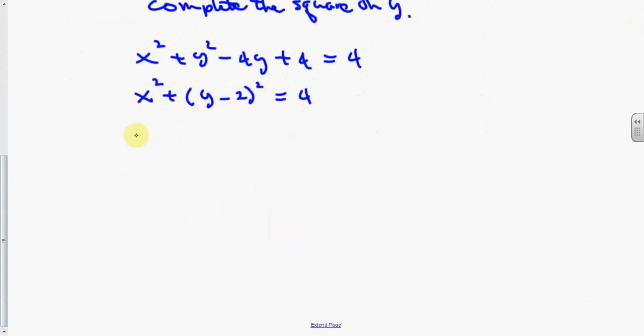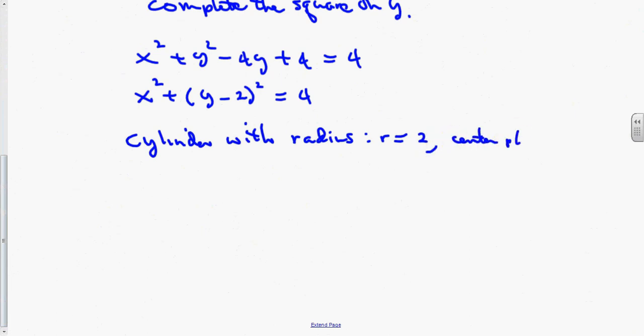This is a cylinder with radius r equal to 2, center point at (0, 2, z), where z consists of all the real numbers.